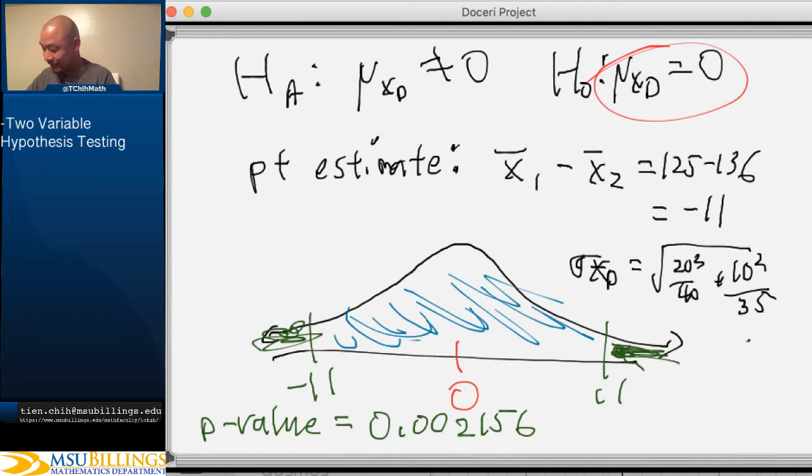And that's definitely less than 0.05, which is what we said alpha was.